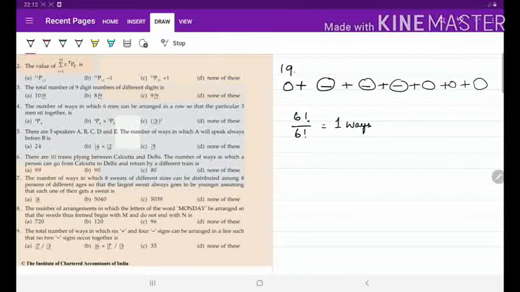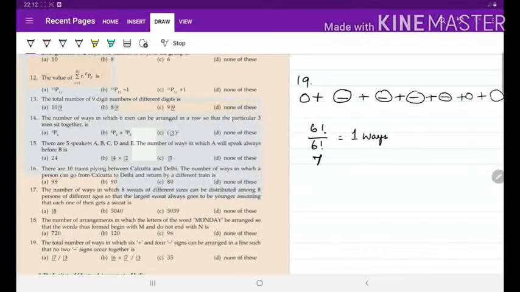So these are the 7 slots that can be occupied by 4 negative signs in 7P4 ways divided by 4 factorial, because this is again a repeating permutation, which is equal to 7 into 6 into 5 into 4 for 7P4, divided by 4 factorial, which is 24. So we have the answer as 35. Option C is the answer.